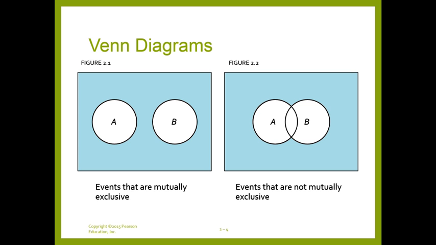But if you have, in your second figure, figure 2.2, chances that A and B could occur together, that it's not necessarily mutually exclusive, then you can have some mixture of those probabilities.